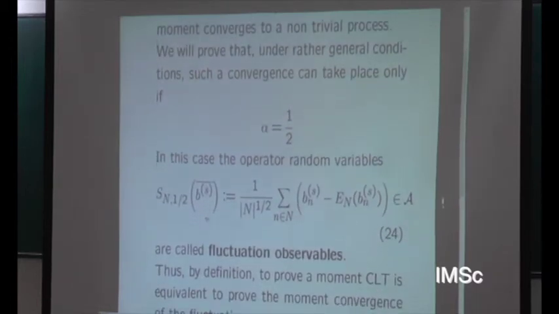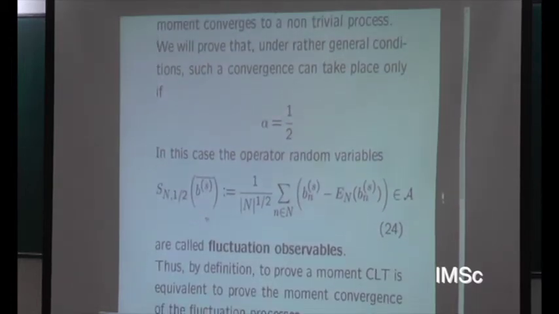Let us prove the following result. The following result is true. The limit for the so-called mean 0 observable will exist and be non-trivial, not identically 0, if and only if alpha is equal to 1/2.